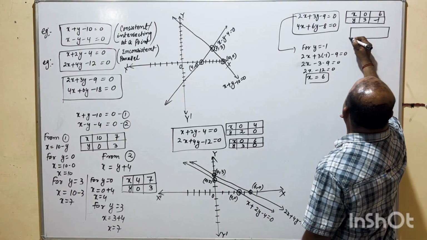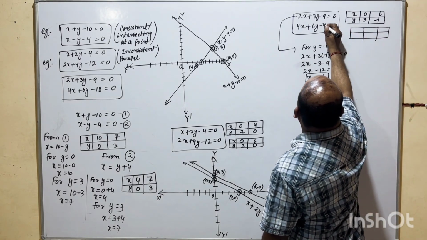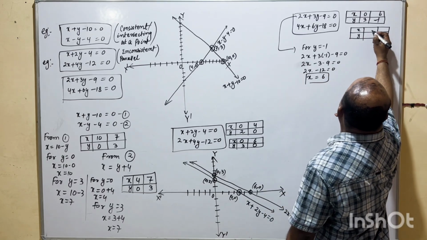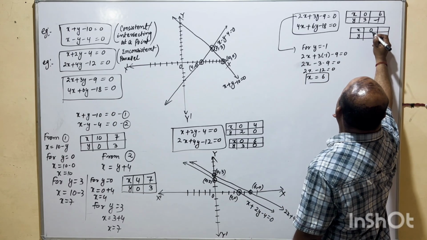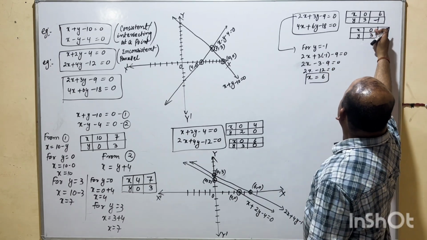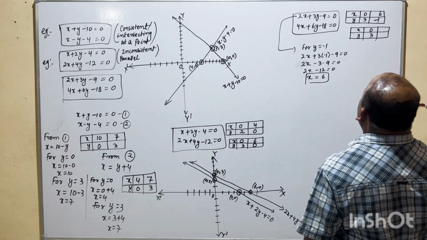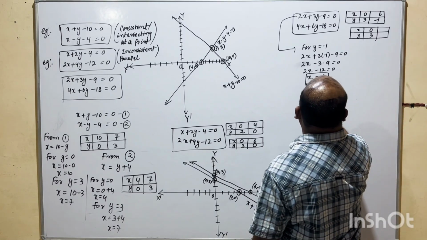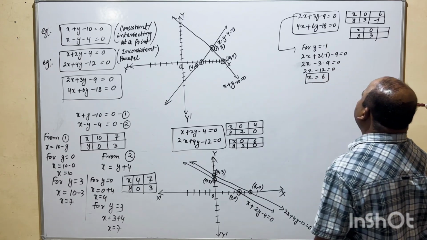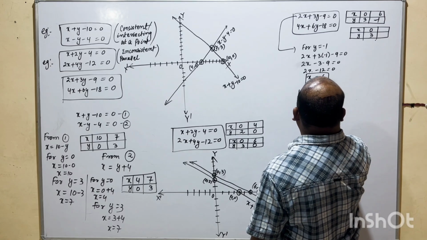Second one. This is 4x plus 6y minus 18, okay, x and y. So for x 0, y is equal to 3. For y, again you take y is equal to 1.